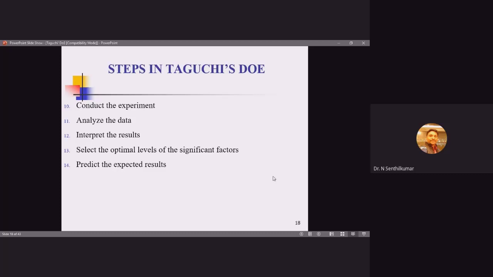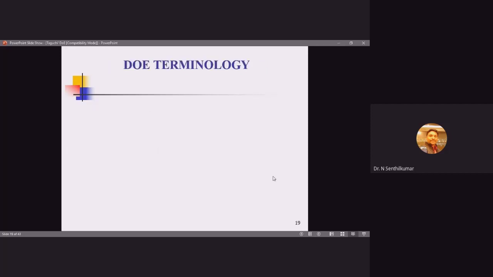Actually, we have to perform a confirmation experiment. The confirmation experiment results will be nearer to the predicted values. So that is the good thing about Taguchi's technique. So run a confirmation experiment and then we have to finalize our approach.